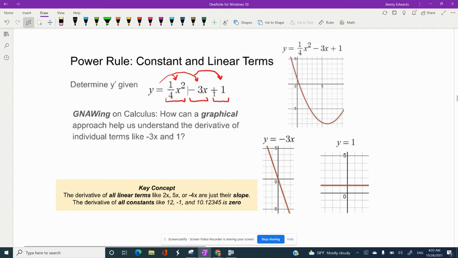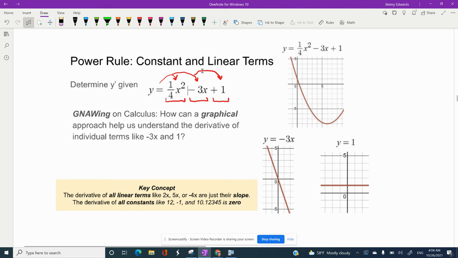So if you have 3 terms, this is going to be 3 power rules that we do, one after the next. Let's look at this middle term, which is called a linear term, because a linear term is one that looks like a line if you graph it, like negative 3x. And then we're also going to look at constants, like 1.